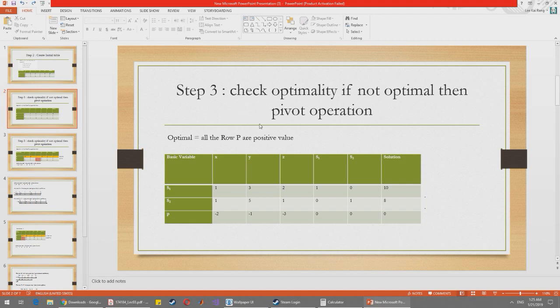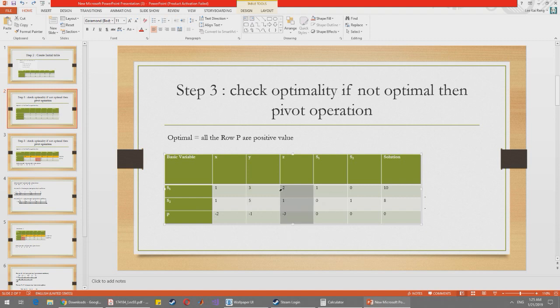So how do we know whether the table is optimal? We can look at the row p. If all of the values in row p are positive, then the table is optimal. But in this question we got 3 negative values, which means this table is not optimal. So we need to do the pivot operation. First we find the most negative value in row p, which is -3.